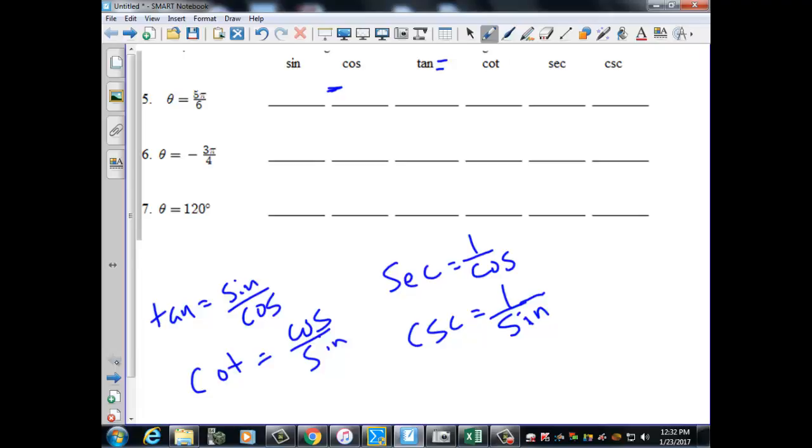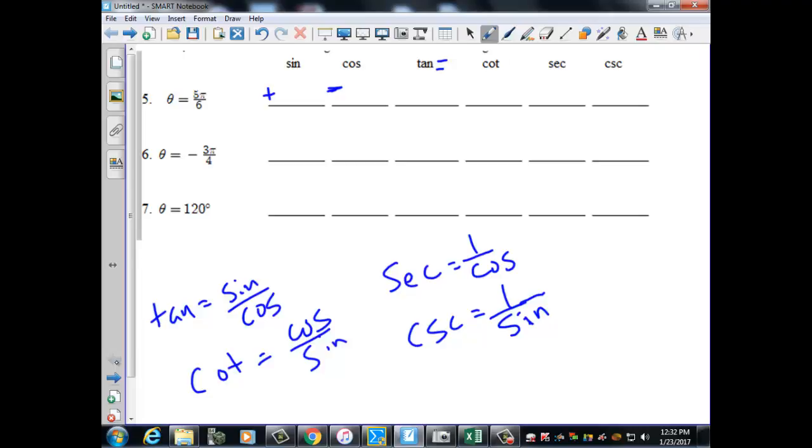So, with this, if we know that we're in quadrant 2, the cosine, the x value, has got to be negative, right? The y value is going to have to be positive. The y value has to be positive, yes?